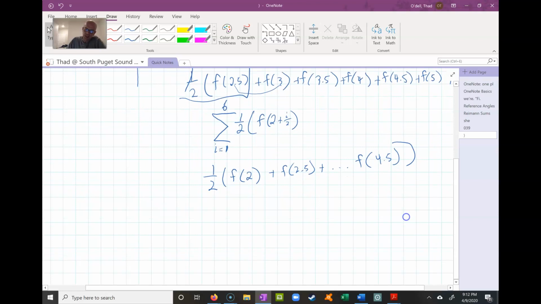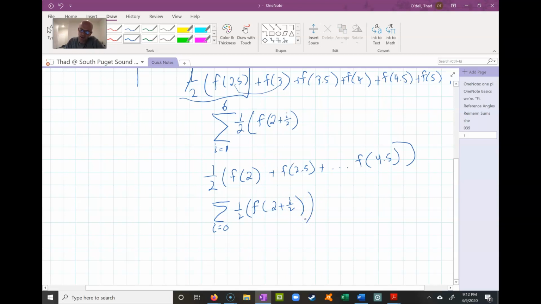So if we want to represent that with sigma notation, this time I'm going to start with 0. That way I can use the same formula, f of 2 plus i over 2.